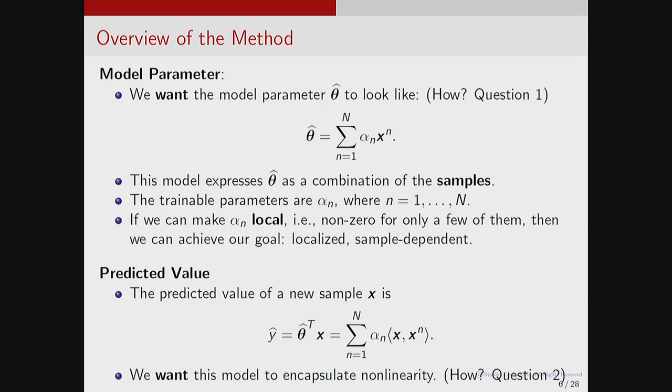And how can I do some trick over here so that I can handle the nonlinearity problem? Okay, so you can encapsulate the nonlinearity into this formulation. There's actually a very simple trick here. Just replace this inner product by something we call the kernel. Okay, so these are the two questions, and let's address them, and hopefully after addressing them, you have an idea of what this kernel method really means.